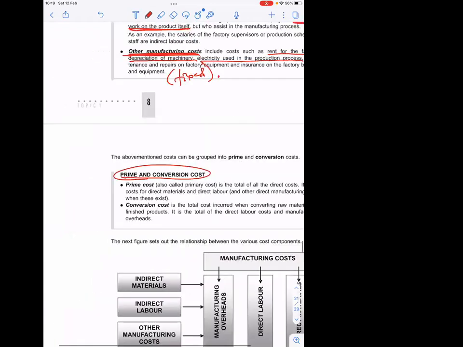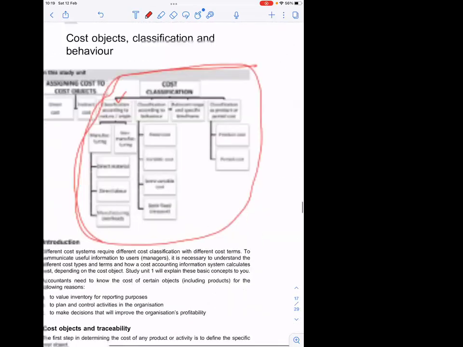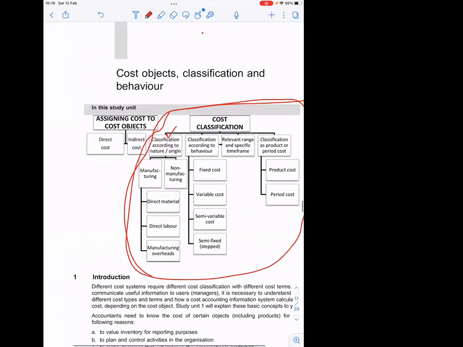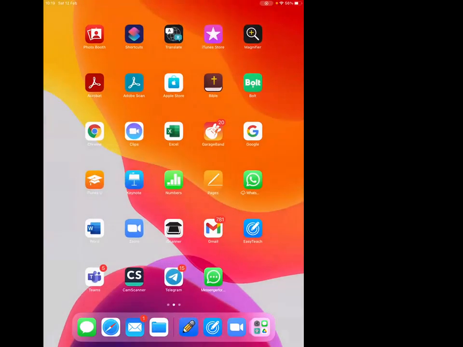Right. So we are done with the one for nature, and you can draw some mind map as to how it goes. So nature or origin, we are done. We move on to another classification of cost, according to their behavior. The next classification is classification of costs according to their behavior.